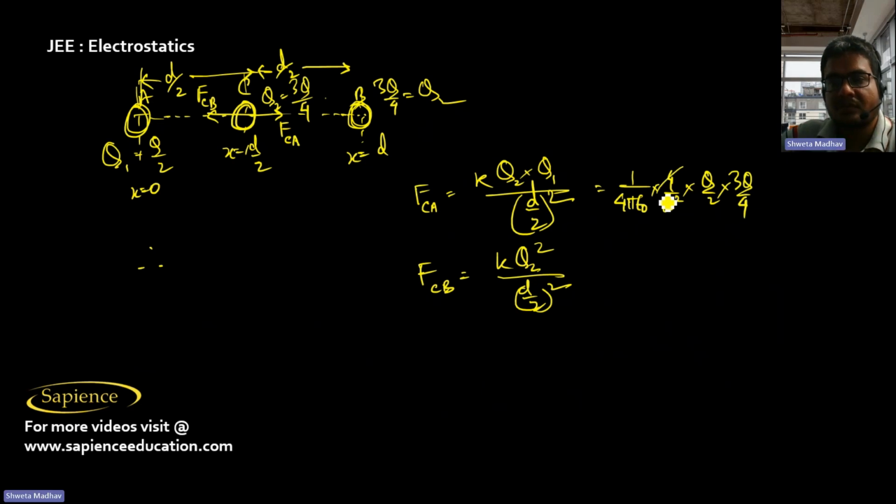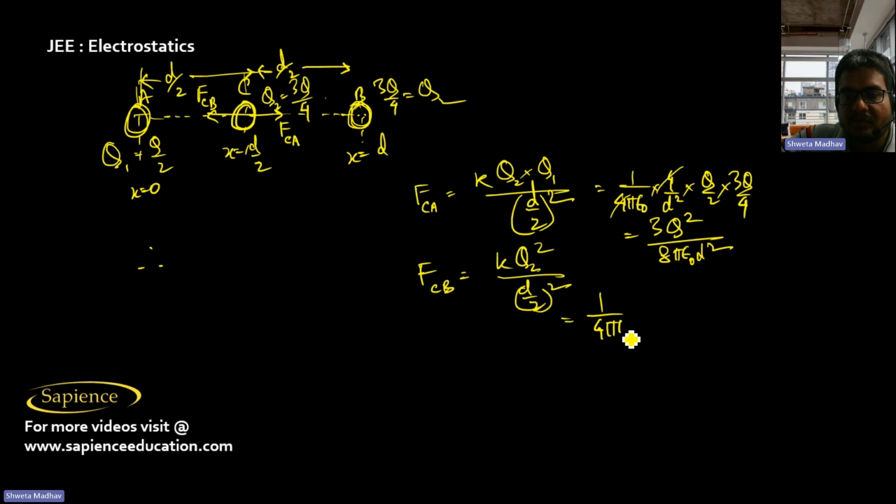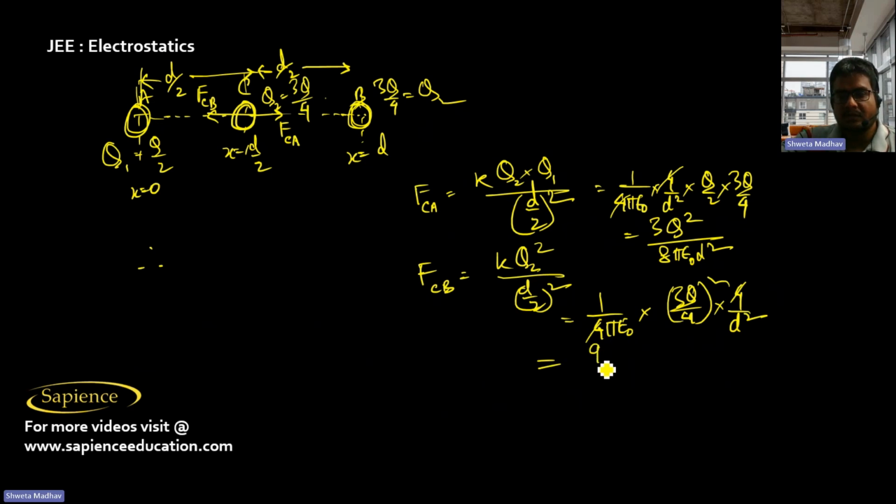So therefore now 4 and 4 will cancel. So this will be 3Q square by 8 pi epsilon naught d square. Then this will be equal to k, which is 1 by 4 pi epsilon naught into Q2 square. Q2 is 3Q by 4 whole square into 4 by d square. 4 will cancel. So now this will be 9Q square by 16 pi epsilon naught d square.